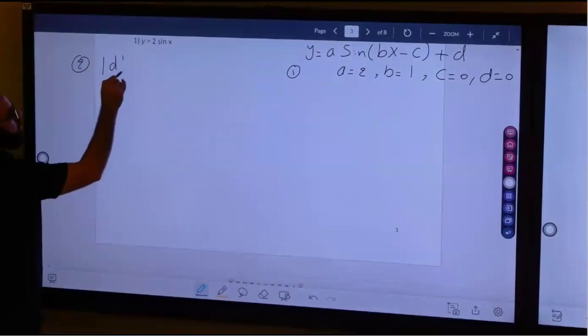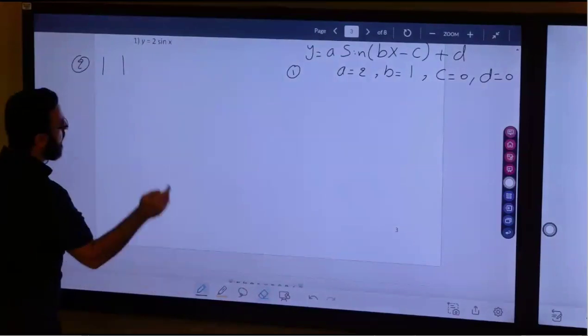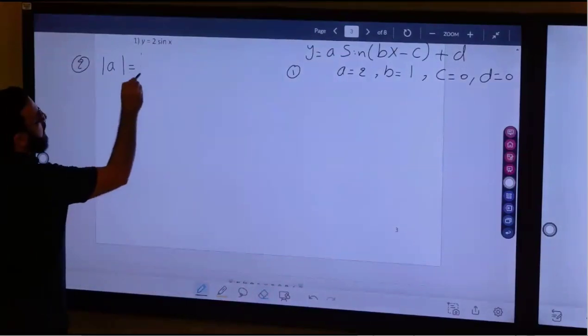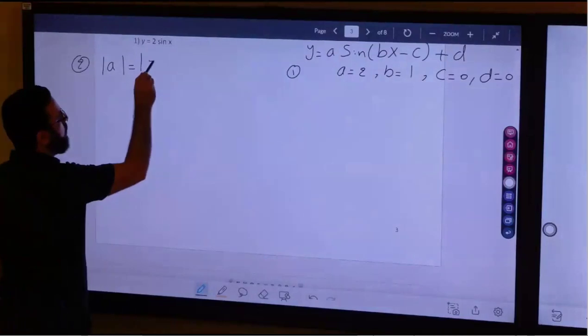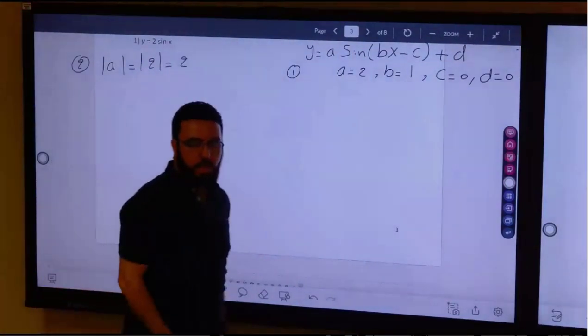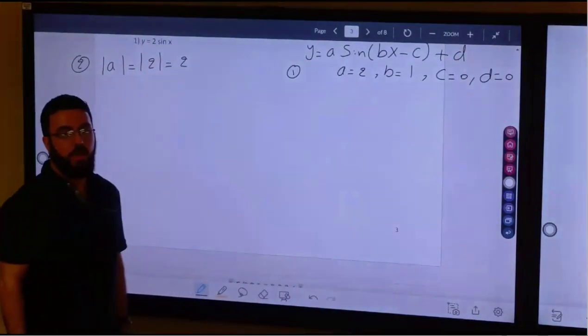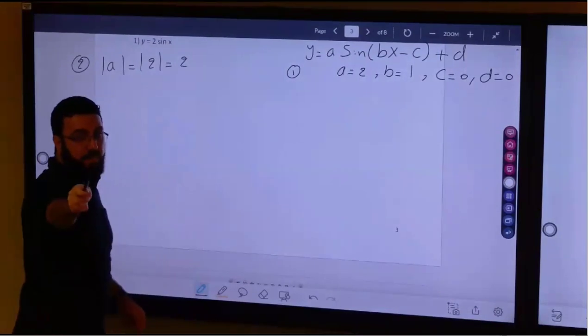Step 2 is the absolute value of A, which is the absolute value of 2. So it's going to be 2.